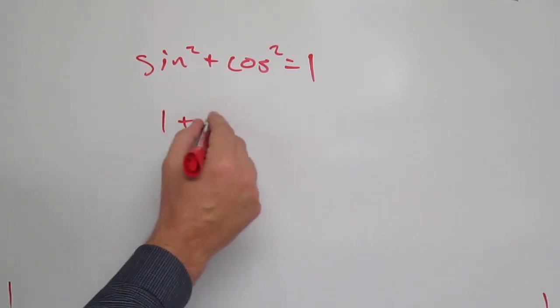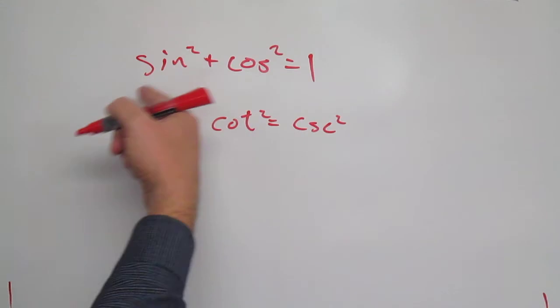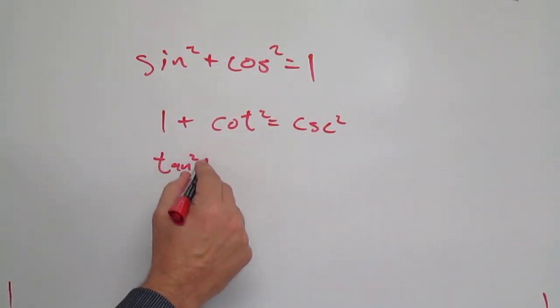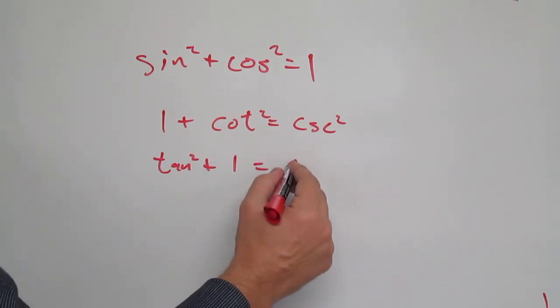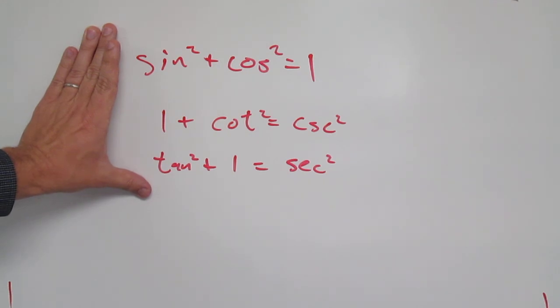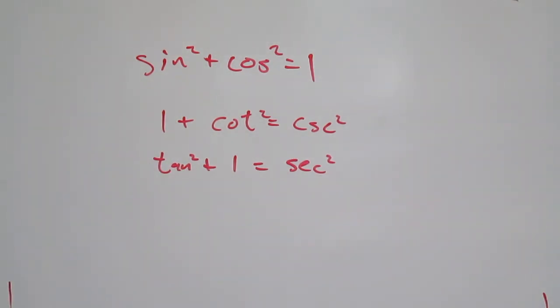That gives me 1 plus cotangent squared equals cosecant squared. Oh, divide everything through by cosine squared, and that gives me tangent squared plus 1 equals secant squared. This is my shortcut way of doing it. I do that for work, but in my final answers, I would always include an angle. So that's the first few of the trig identities. Know those well.